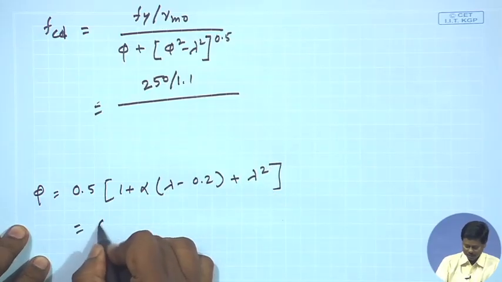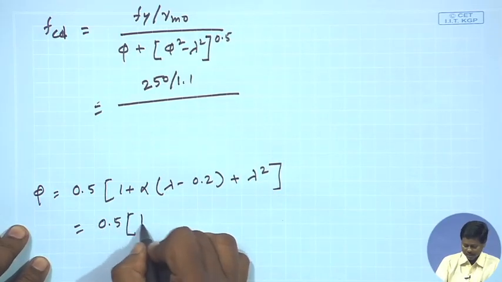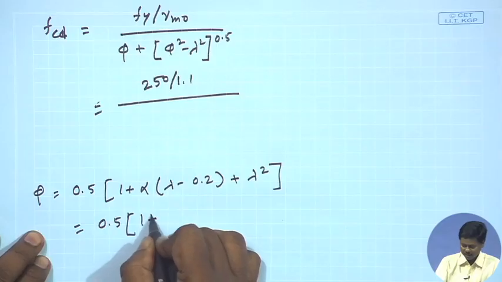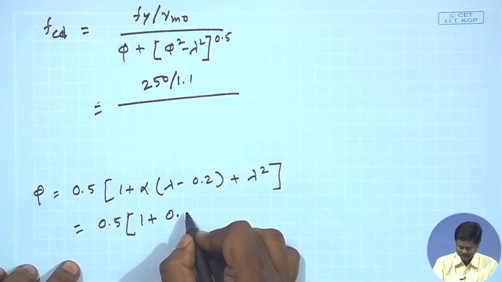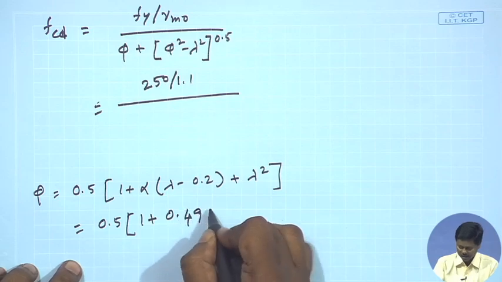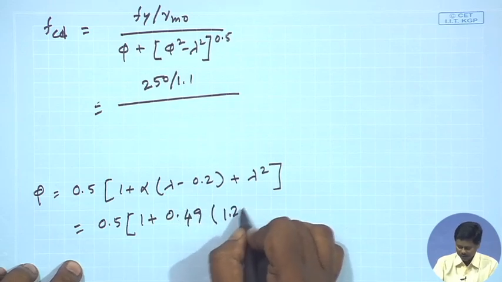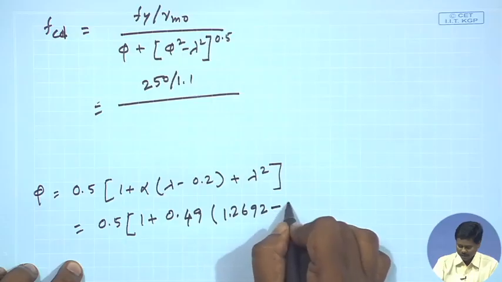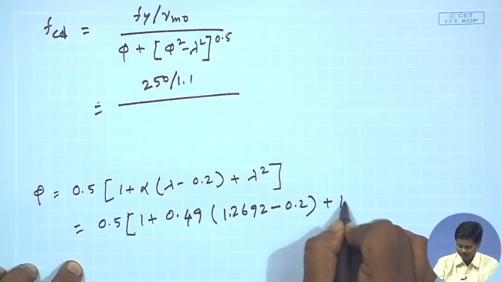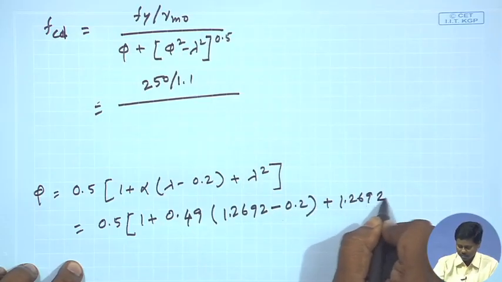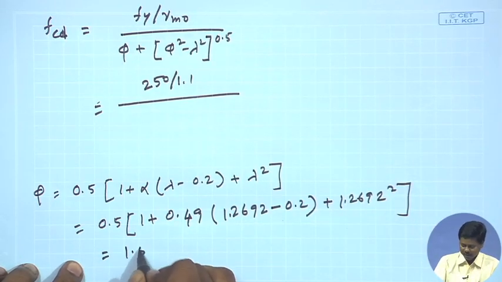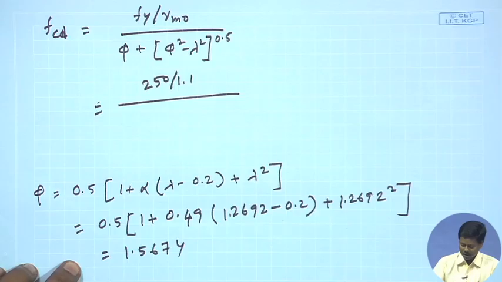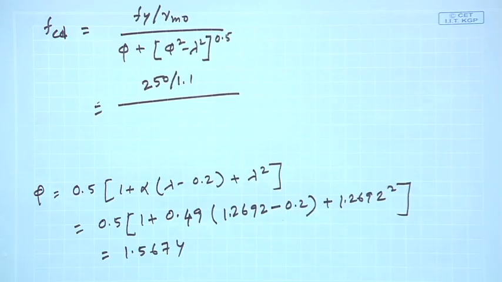This alpha value is the imperfection factor, that is 0.49, and lambda we got 1.2692, so 1.2692 minus 0.2 plus 1.2692 square. So, this will be 1.5674.